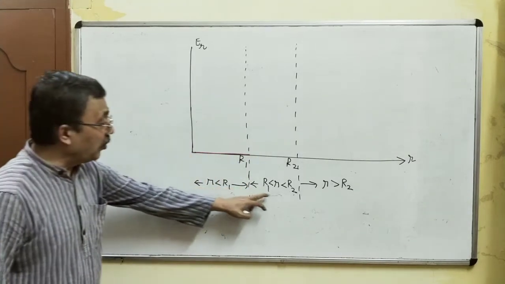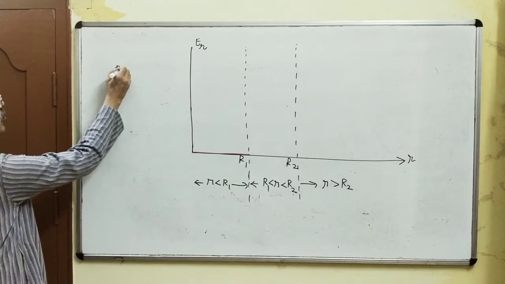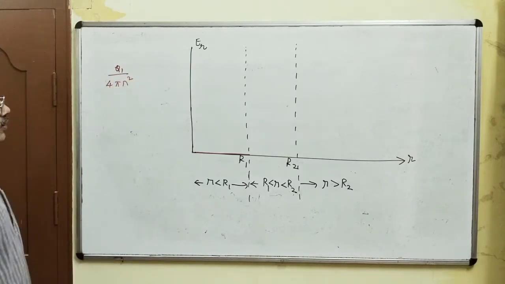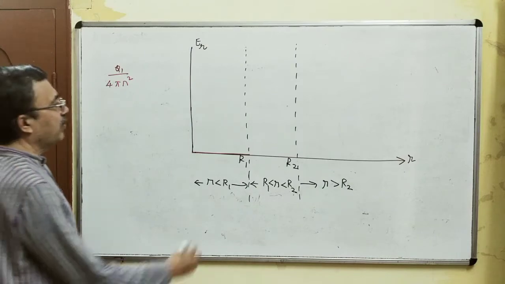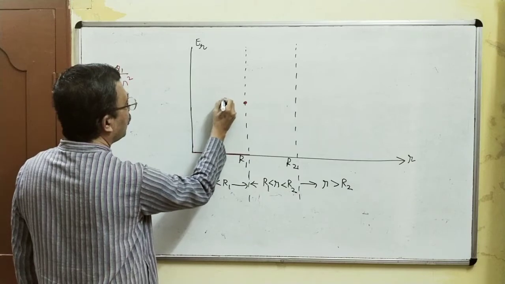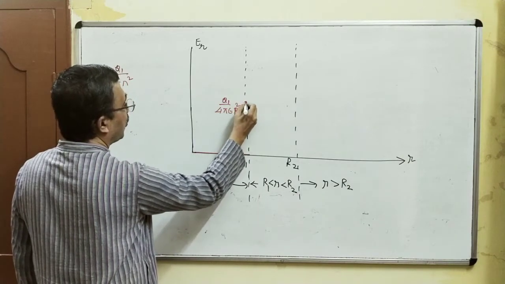Next, for r between r1 and r2, what is the variation? We have shown that the result is q1 by 4 pi epsilon r square. When r equal to r1, the value is q1 divided by 4 pi epsilon r1 square.